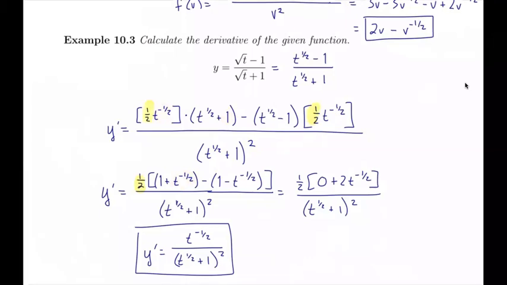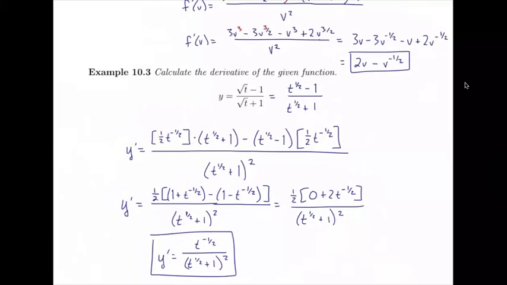It seems that everything has a factor of 1/2 in it. So we've just factored it out completely and just left it here and dealt with t to the negative 1/2 times this and t to the 1/2 times this for each of these two terms. So check those details, make sure they work out algebraically, and then pause the video if you need to, move along from there. All divided by that denominator squared.